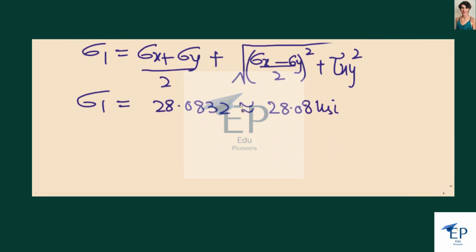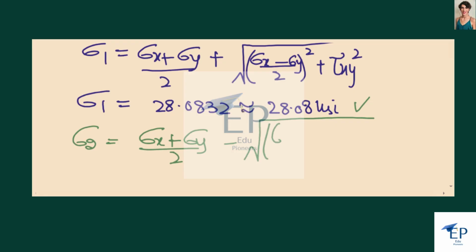Now that you have the value for the first principal stress, let's find out the value of the second principal stress. That would be sigma sub x plus sigma sub y divided by 2 minus under root, sigma sub x minus sigma sub y divided by 2 whole square plus tau sub xy whole square.